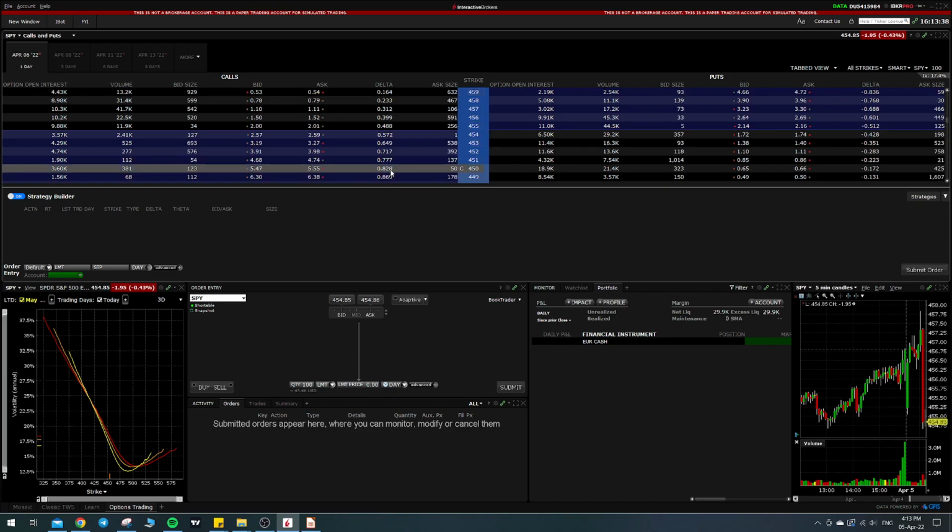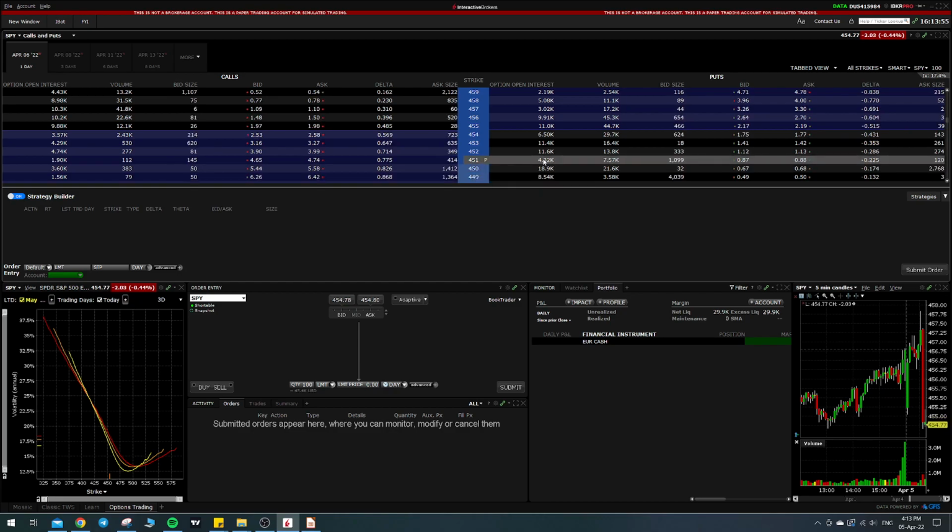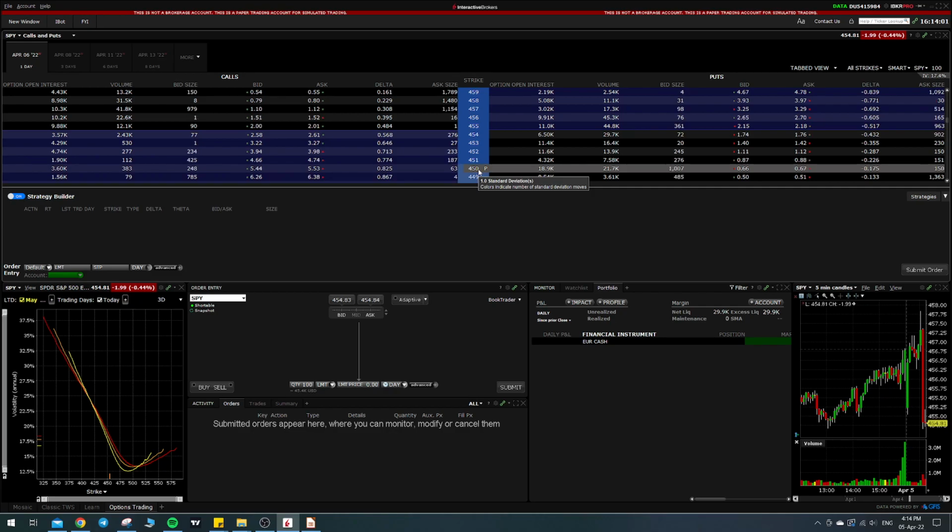So you can read it as an 83% chance that our call with a 450 strike price is going to end up in profit, or better said, end up above the strike price. So we have an 83% chance that our asset is going to finish above 450.